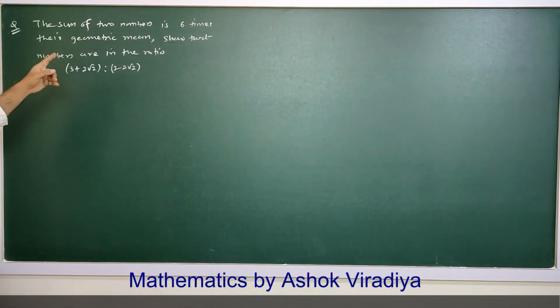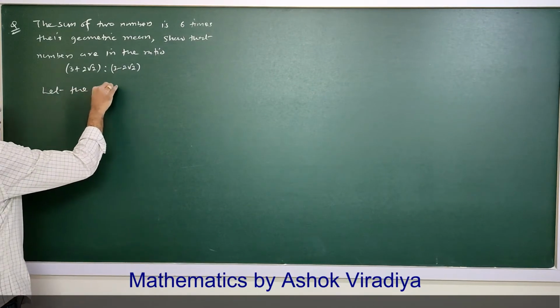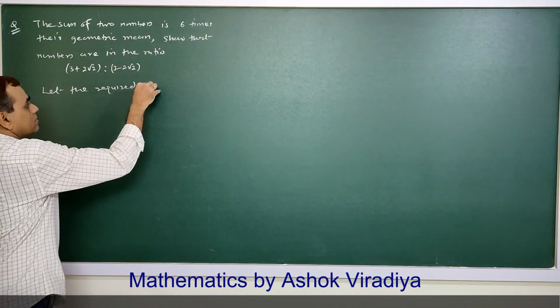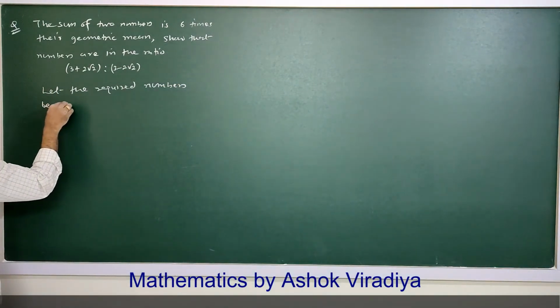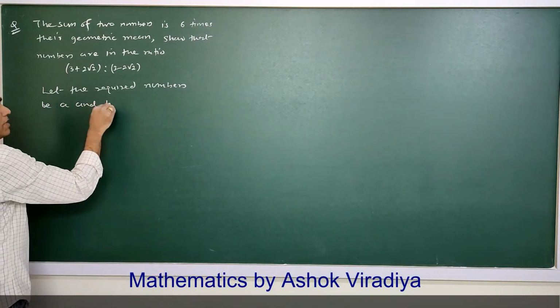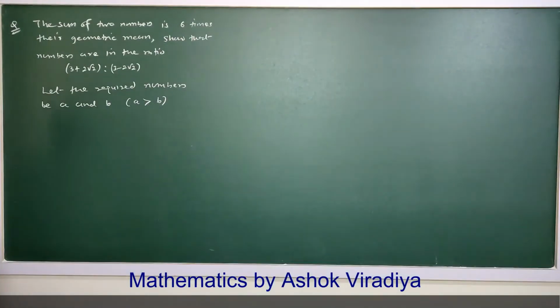The sum of two numbers is 6 times their geometric mean. Show that the numbers are in this ratio. So let the required numbers be A and B such that A is more than B. The first number we are taking greater, the second smaller.